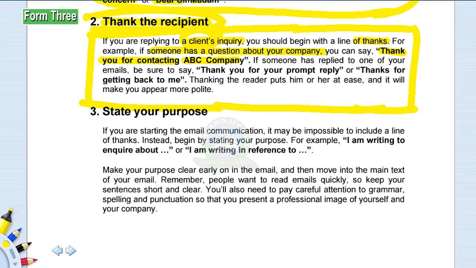If someone has replied to one of your emails, be sure to say, thank you for your prompt reply. Or you can also say, thanks for getting back to me. Look how pretty it is when you are really doing things like that, my dear.